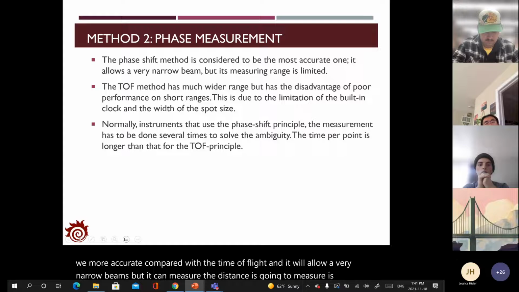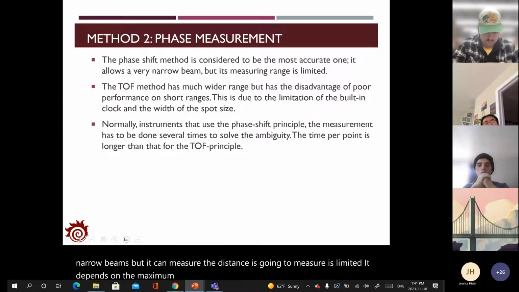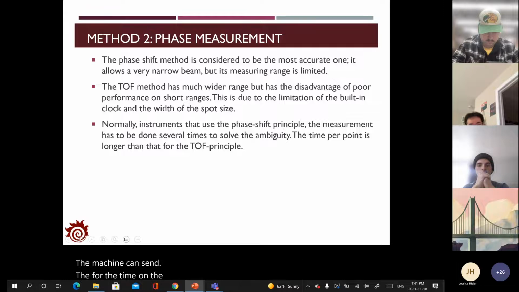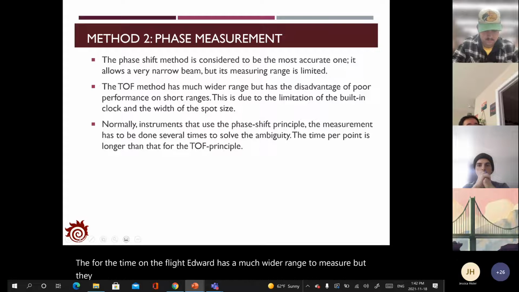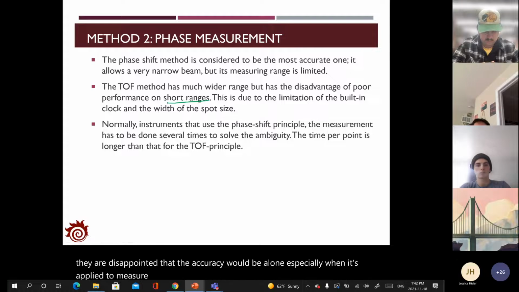It depends on the maximum wavelengths that the machine can send. For the time of flight, it has a much wider range to measure, but the disadvantage is that the accuracy is low, especially when it's applied to measure short distances.